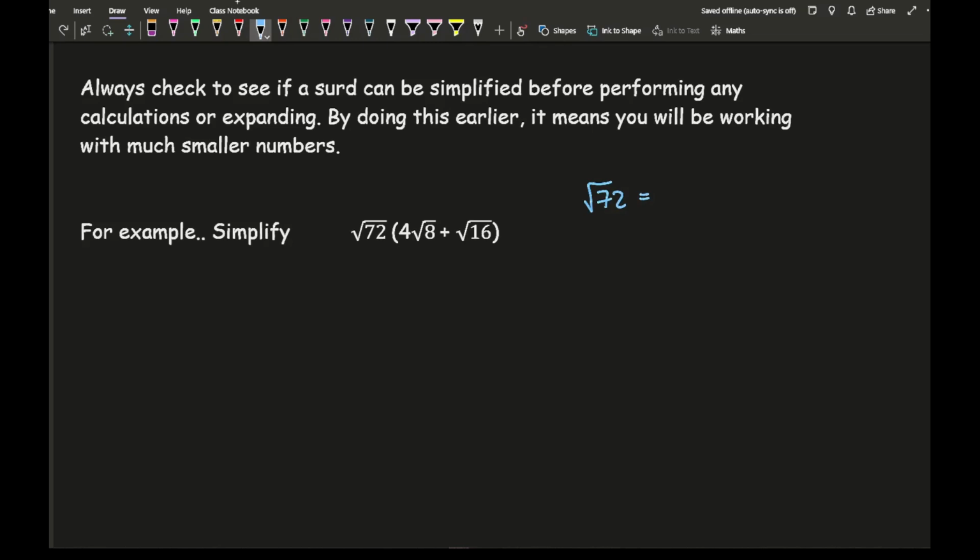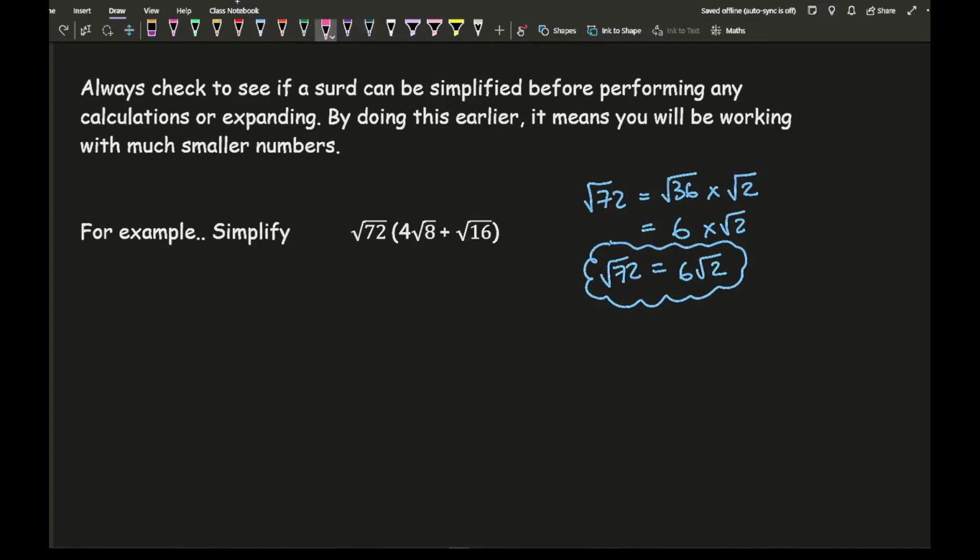In which I can. So that then becomes root 36 times root 2, and that becomes 6 times root 2, which then simplifies to be 6 root 2. So root 72 can be written as 6 root 2. If I then look at another one, so let's look at root 8. So here I've got 4 root 8.